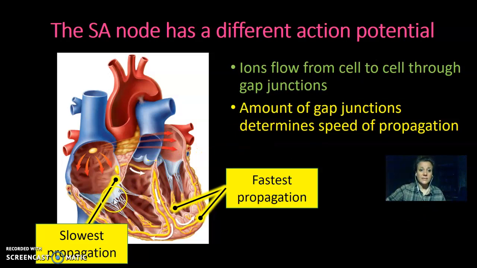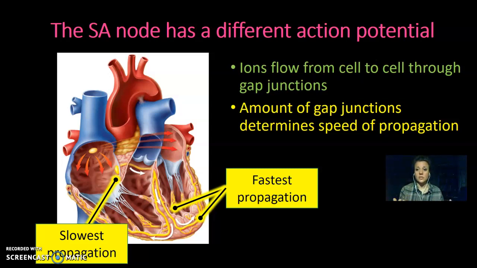So for instance, the fastest propagation is down by our Purkinje fibers, so along the walls of our ventricles. And the reason for that is because those cardiomyocytes have many, many more gap junctions to allow for an easier, faster flow of ions from one cell to the next.